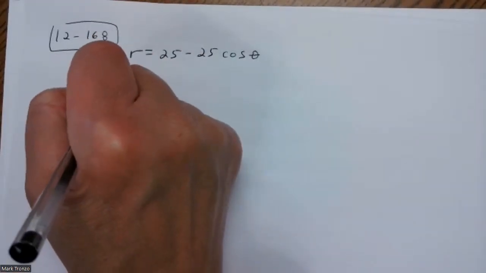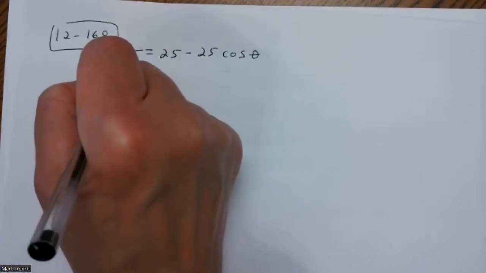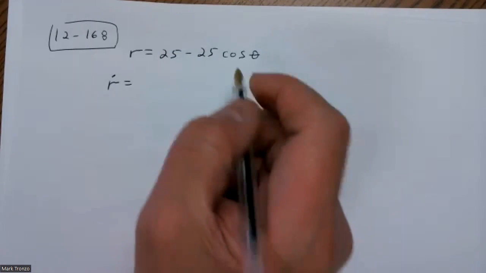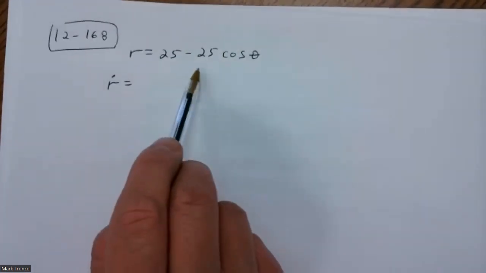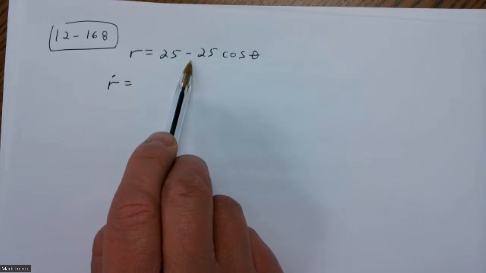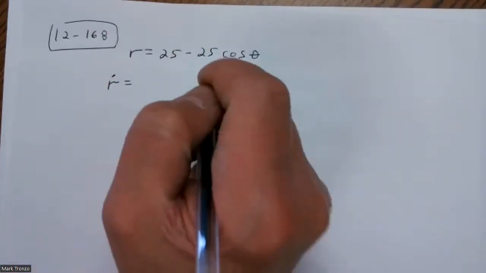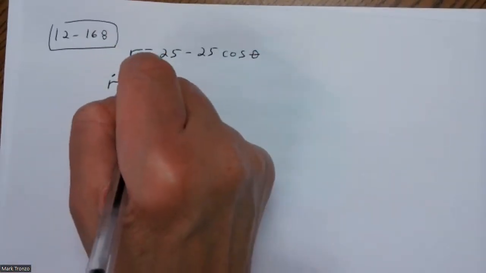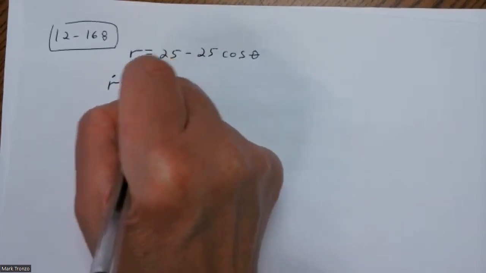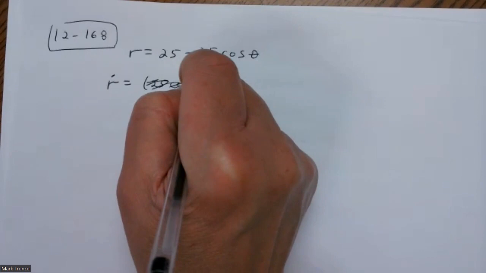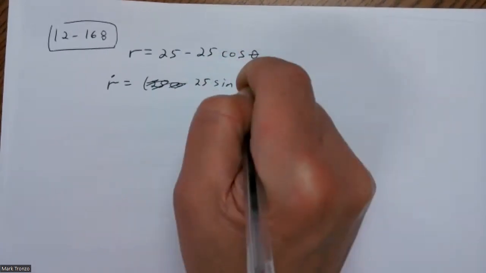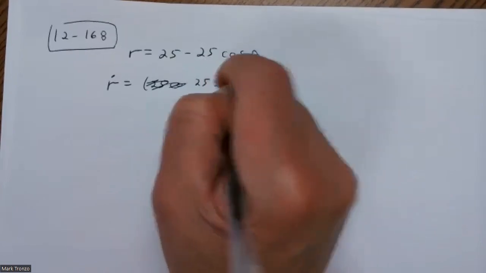R dot is going to be, of course, this will be 0, and then we have 25 times the derivative of the cosine, it becomes a positive sine. But we're going to have to use the chain rule. Oh, I messed it up already. 25 sine theta, and then do the chain rule.